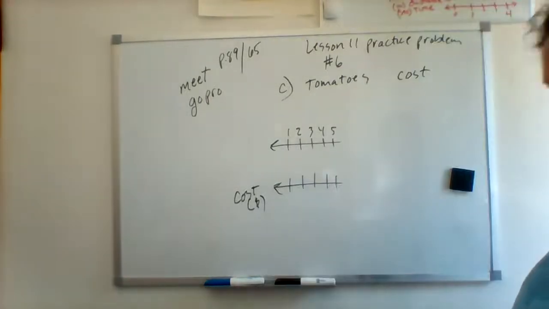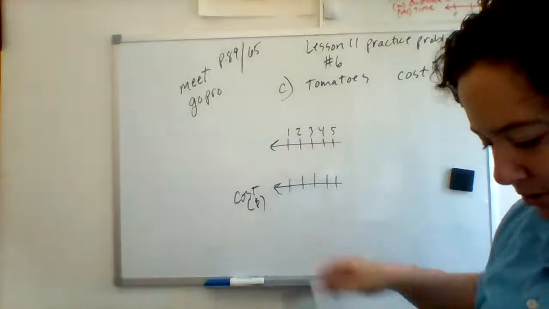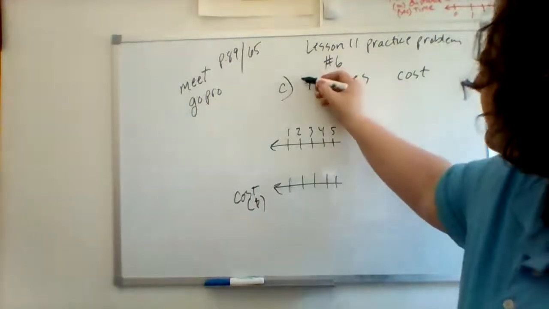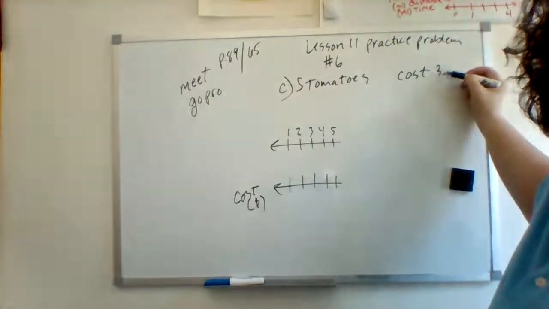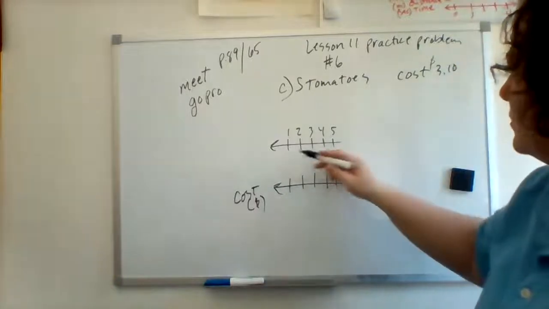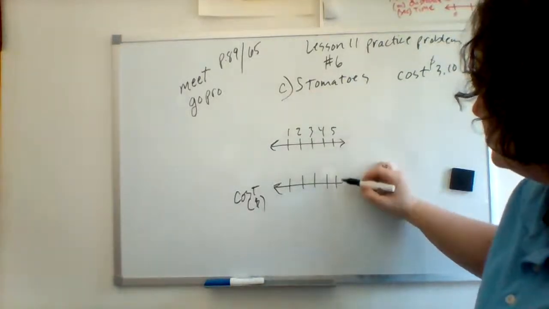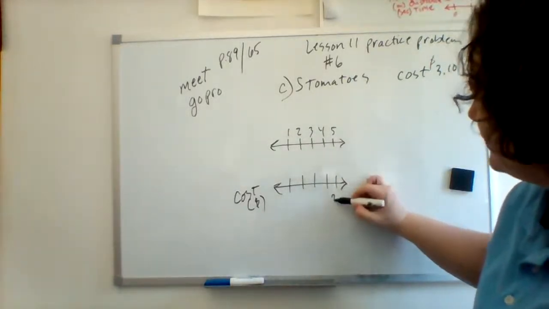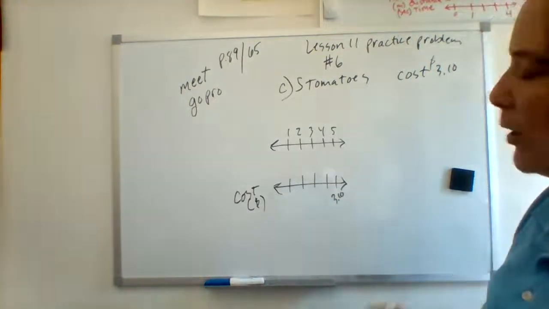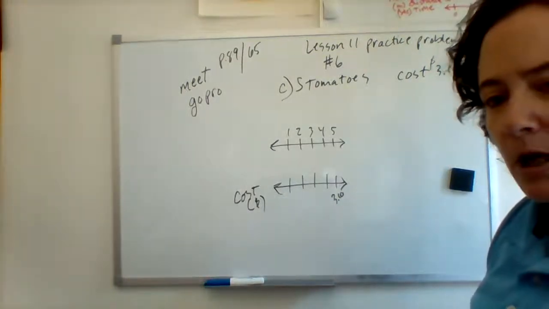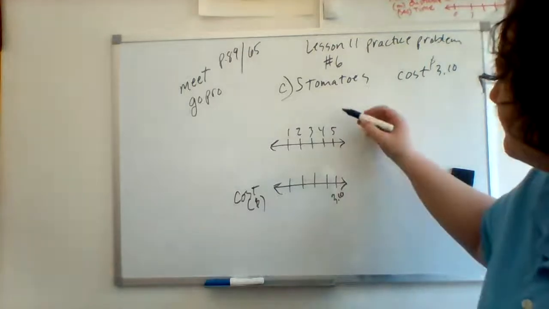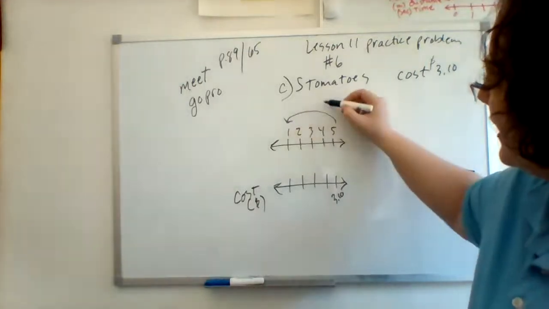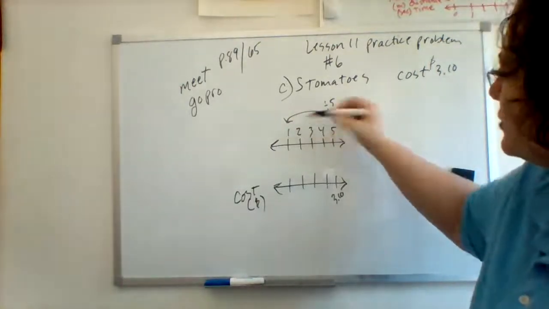Okay, cool. They're saying 5 tomatoes cost $3.10. Okay, ladies and gentlemen, you guys think it's 62 cents? If I divide by 5, I get to 1.